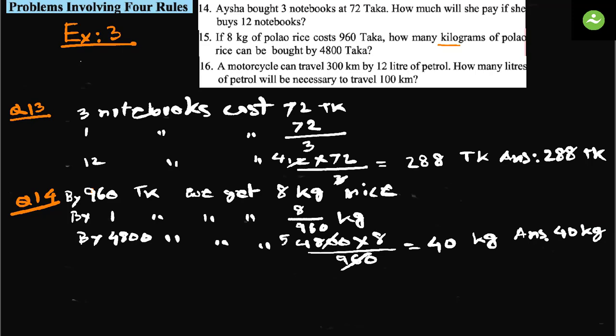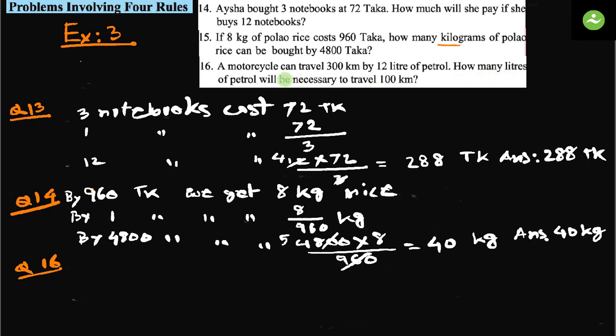And the last problem, number 16. A motorcycle can travel 300 km by 12 liters of petrol. We have to find how many liters of petrol.